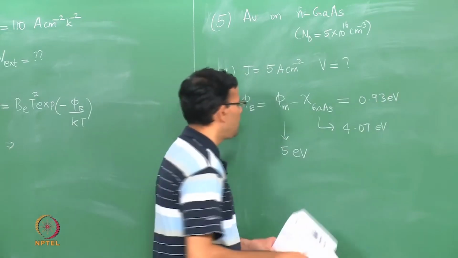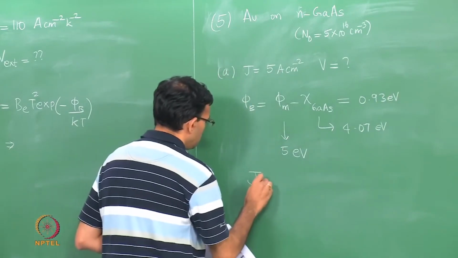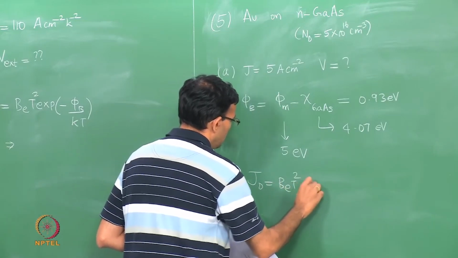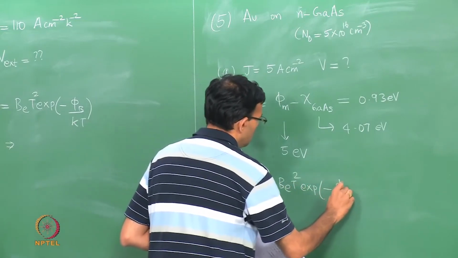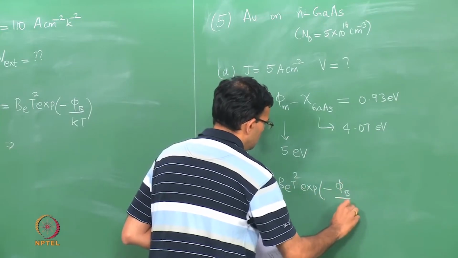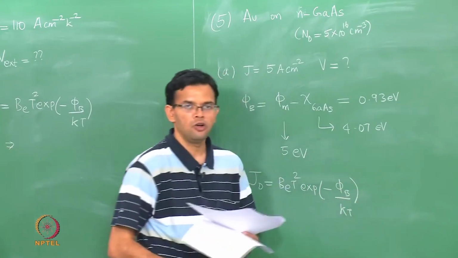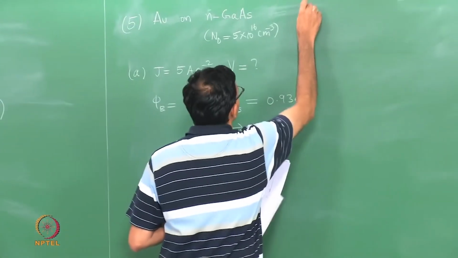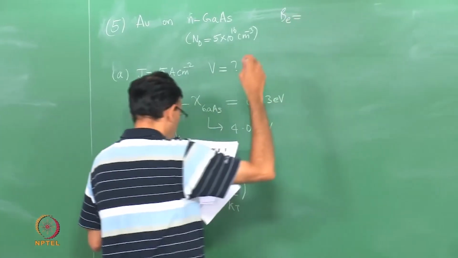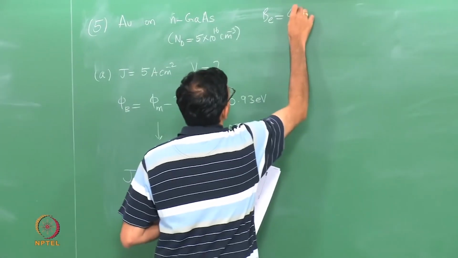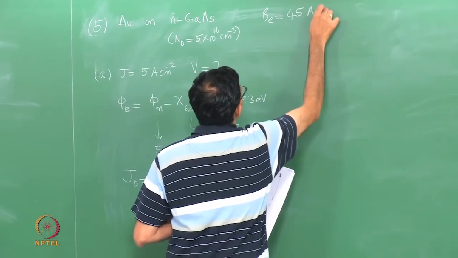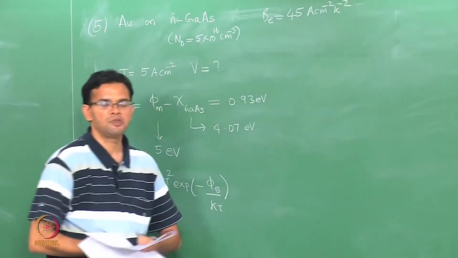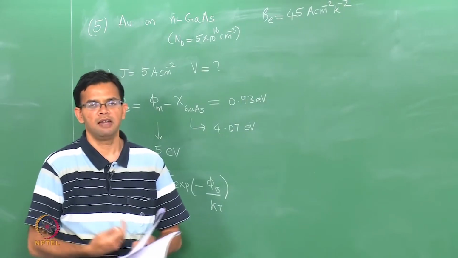Once we get that, we can calculate J naught. Again, for the gold and gallium arsenide interface, we have the values for BE. BE is equal to 45 amps per centimeter square per Kelvin square.